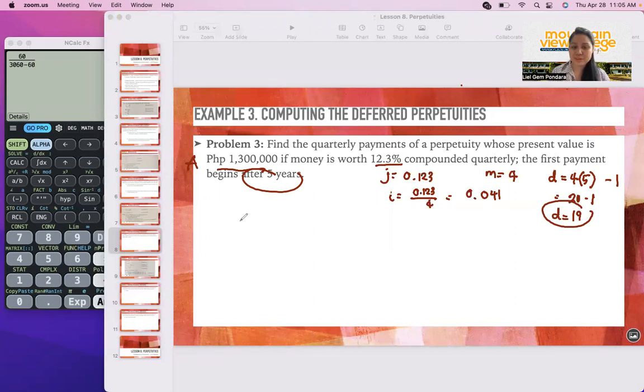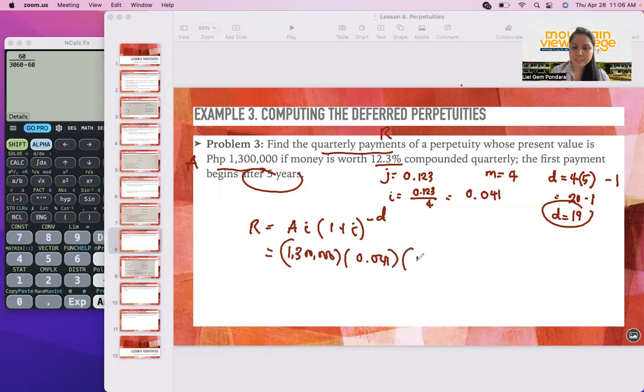Let's now solve. We are looking for the quarterly payments. We're looking for R. So R is equal to A times I times 1 plus I to the power of negative D. Our A is 1.3 million. Our I is at 0.041 times 1 plus I to the power of negative 19.